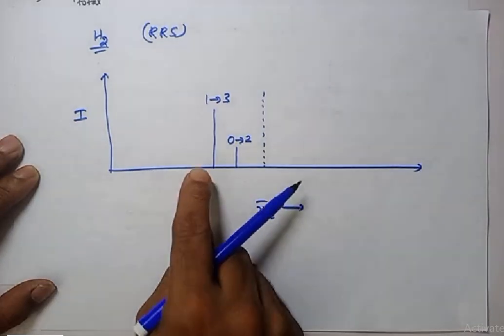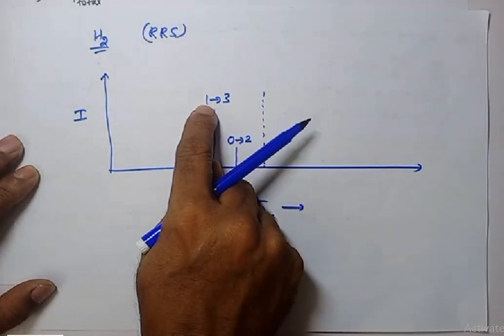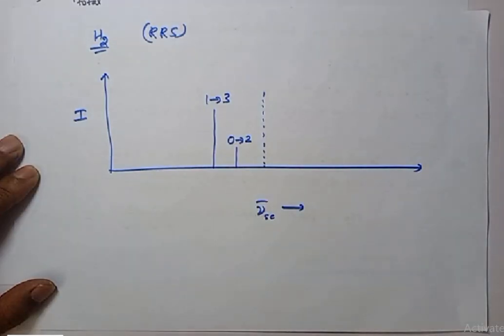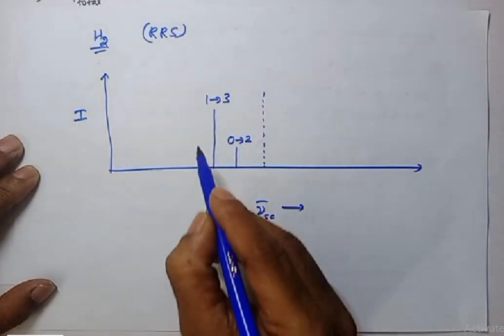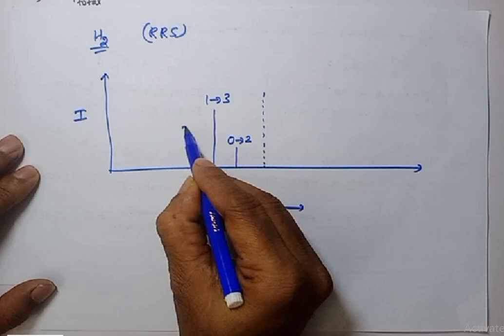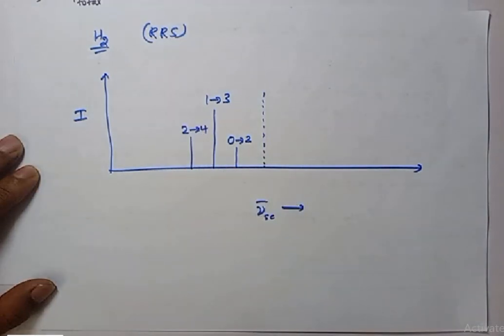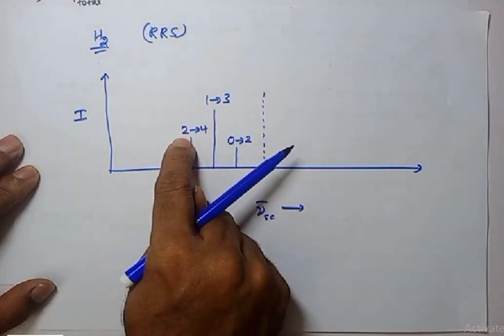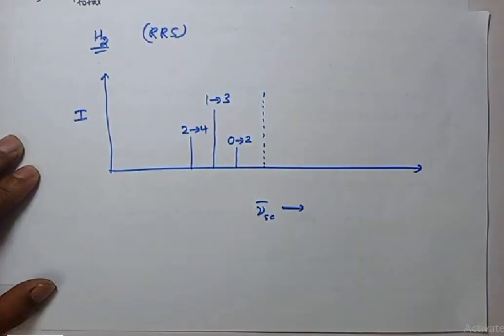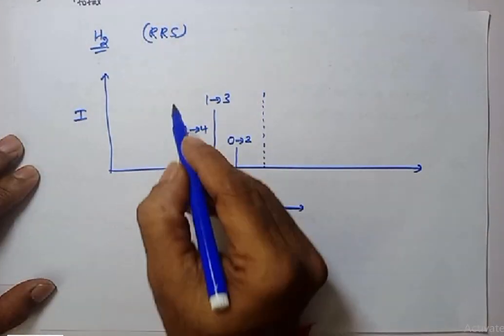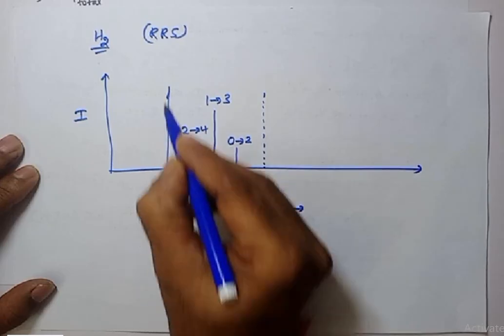Why? Because the J equal to 1 level has 9 states. 2 to 4 will appear with lesser intensity. Why lesser intensity? Because the J equal to 2 level has only 5 states.